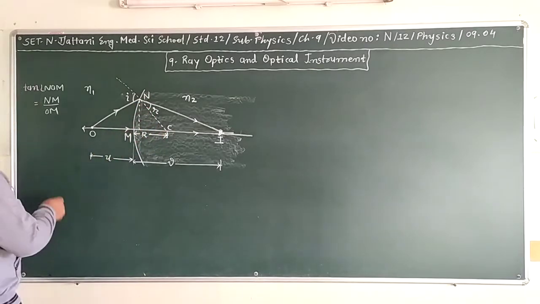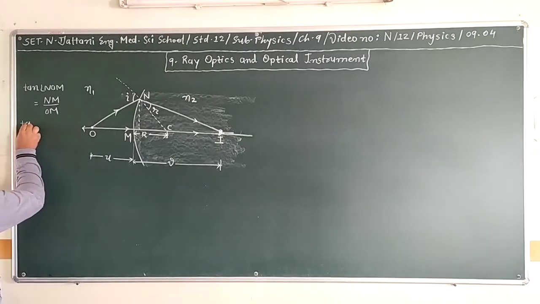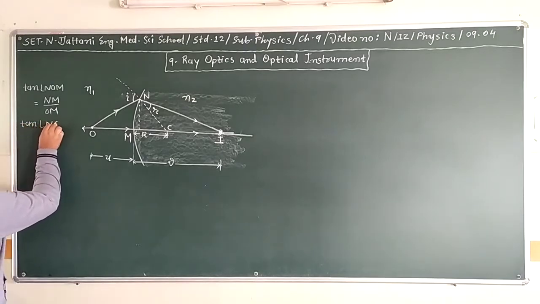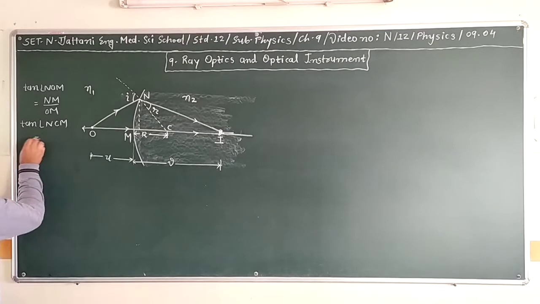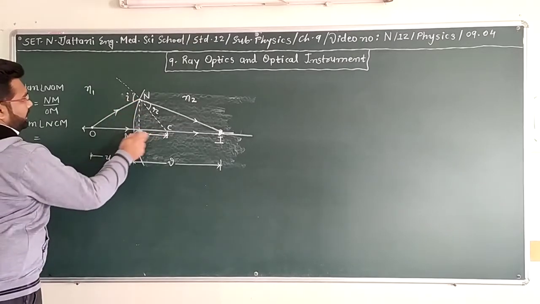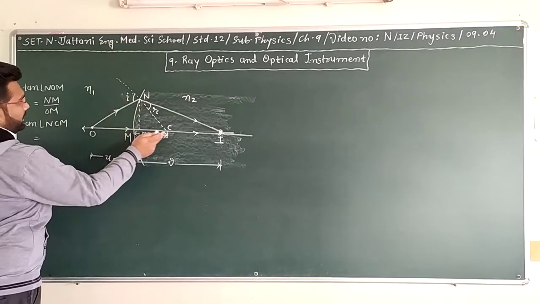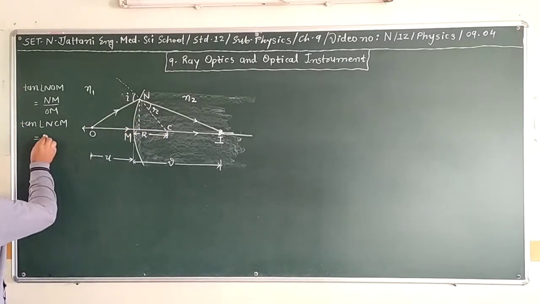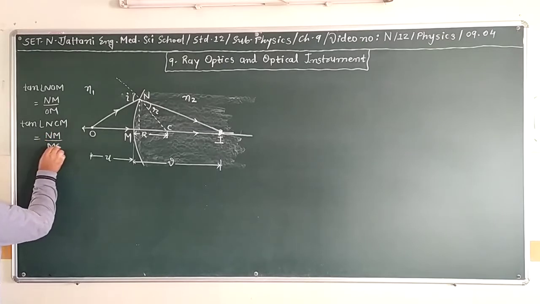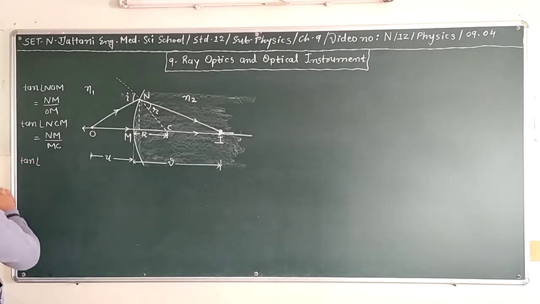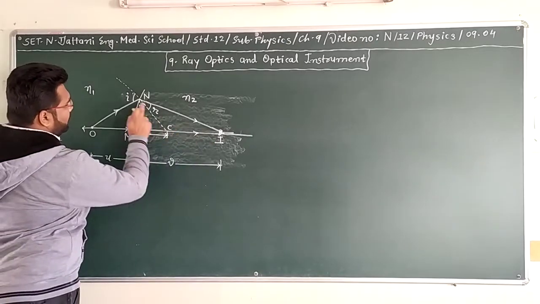Now we will write the formula for angle NCM. Tan of angle NCM is the opposite side MN upon the adjacent side MC, so we can write NM upon MC. And now we will write the formula for tan of angle NIM.